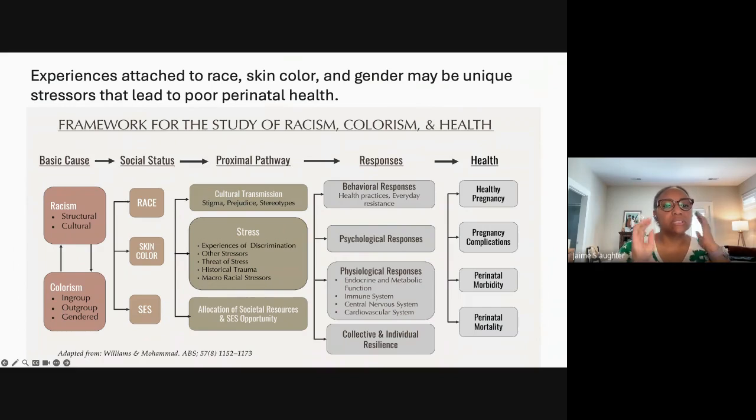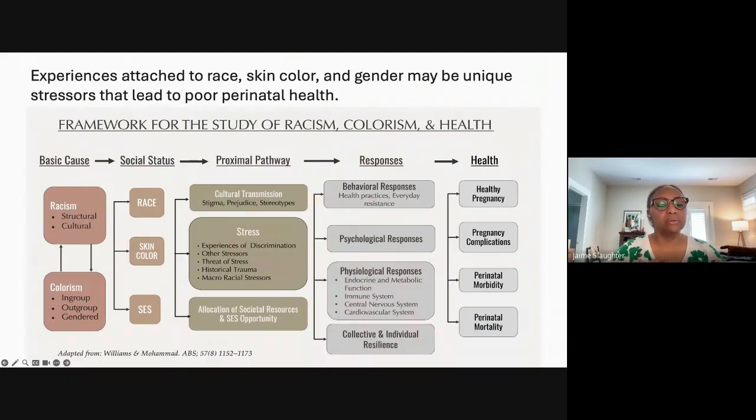This is my work on racism, colorism, and health, thinking about how race, skin color, and gender may be attached to unique stressors that can affect maternal and infant health outcomes.